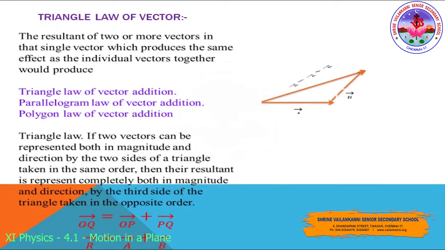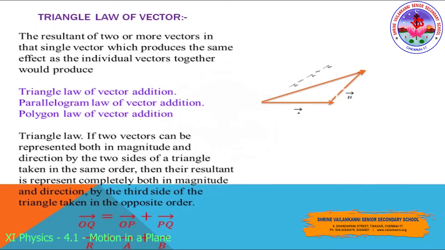The composition of vectors is the resultant of two or more vectors, which is a single vector that produces the same effect as the individual vectors together. We can see the addition of vectors through the triangular law, parallelogram law and polygon law. One by one, we will see the triangular law.